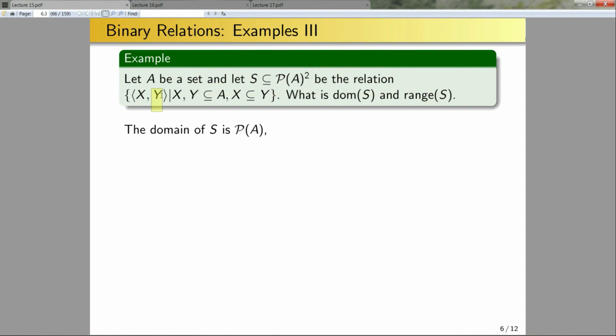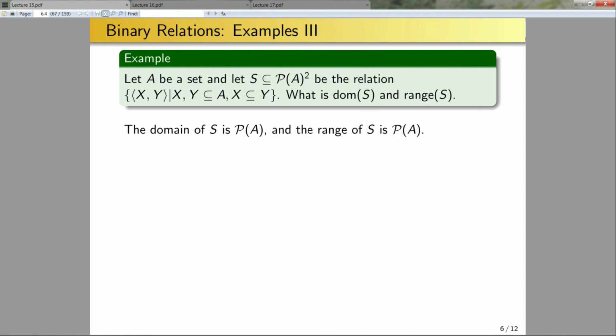Well, the null set will be a subset of A, and the null set is a subset of all sets. Therefore, from here, I can see that y will just be an arbitrary subset of A, and thus the range of S will also be the power set of A.